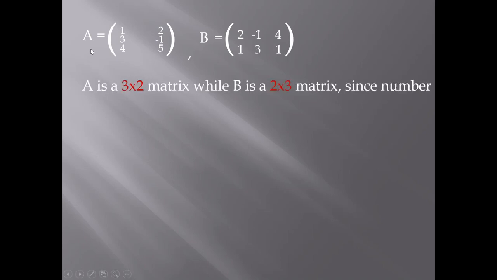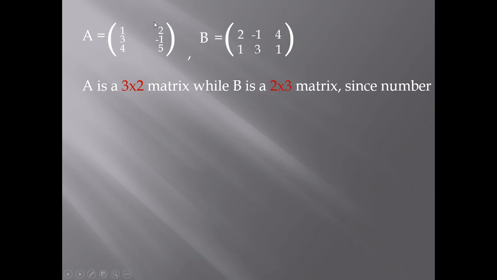So we can take an example of matrix A and matrix B. What is the order of matrix A? How many rows? This is 1, 2, 3. 3 rows. And how many columns? 1, 2. This is the first column, this is the second column.